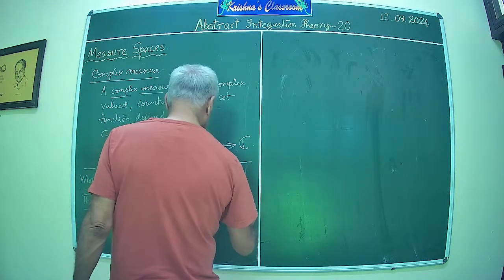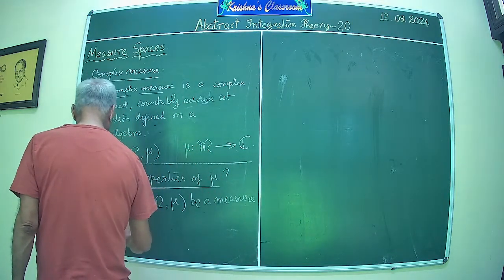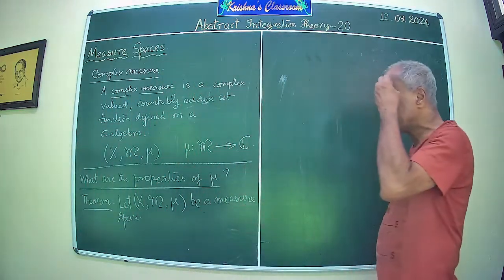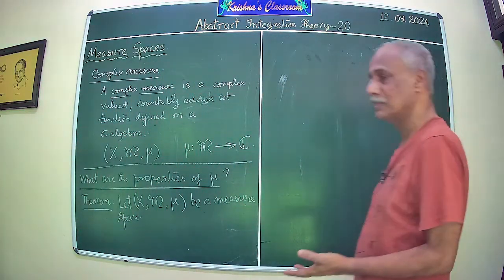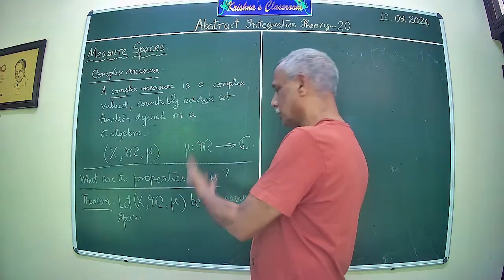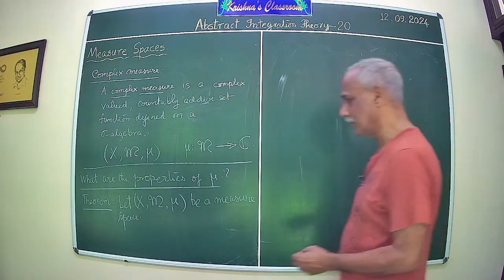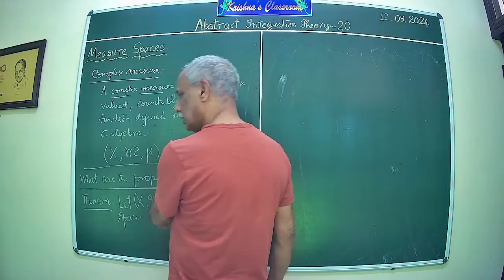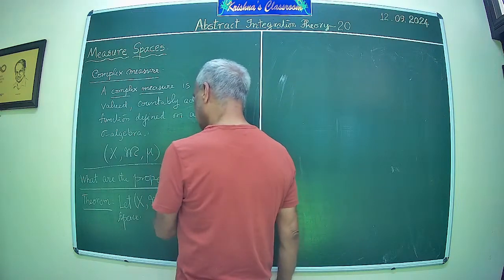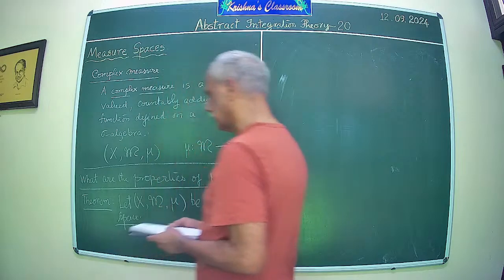This is called a measure space. Before we put in the measure, it is called a measurable space. That means it's fertile enough to introduce a measure on it. That means (X, M) is called a measurable space. (X, M) with a measure mu is called a measure space. That's the difference between a measure space and a measurable space.